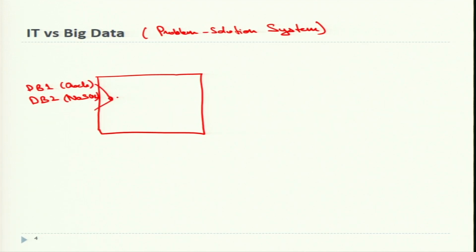One has to clean the data first, data cleansing, then we do predictive analytics.